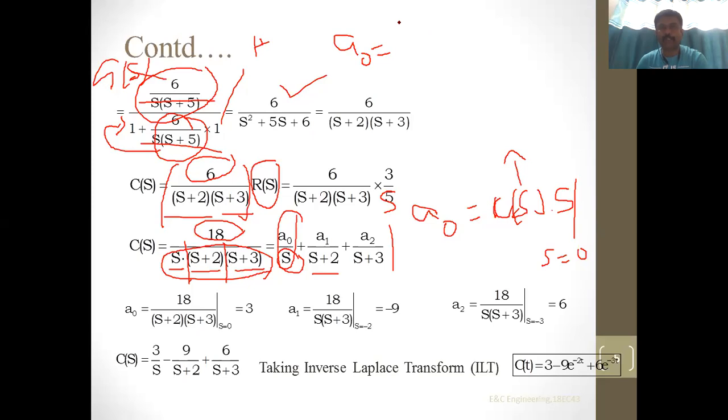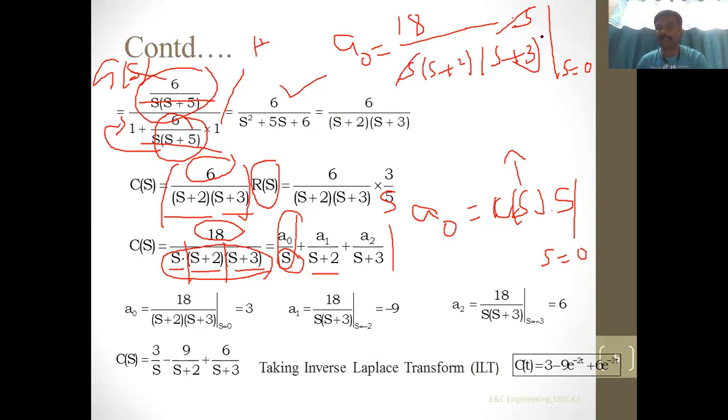What is C of S? 18 divided by S into S plus 2 into S plus 3, into S at S is equal to 0, where I may cancel this S and S.